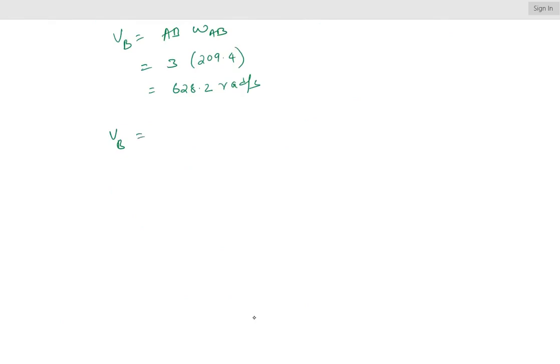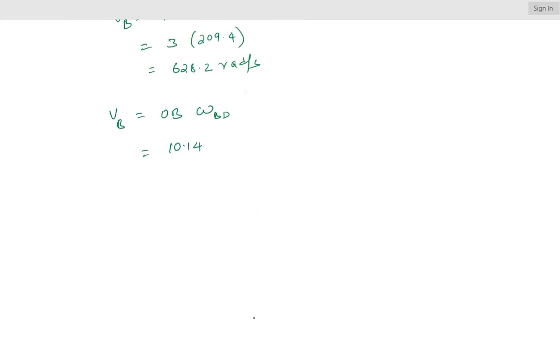VB is also equal to OB times omega BD. OB is 10.14, and omega BD is what we need to find.